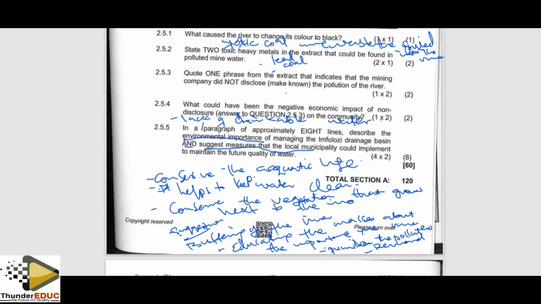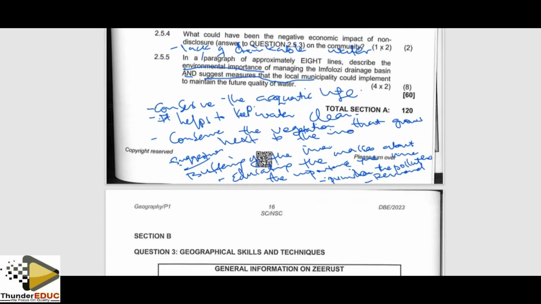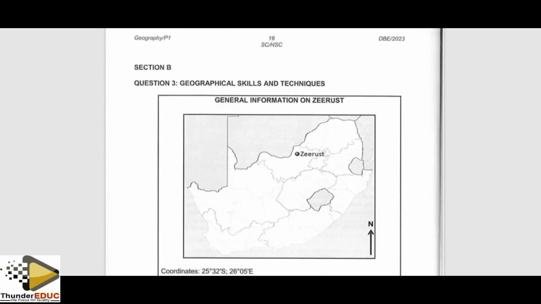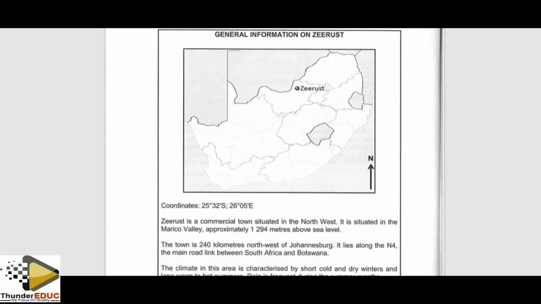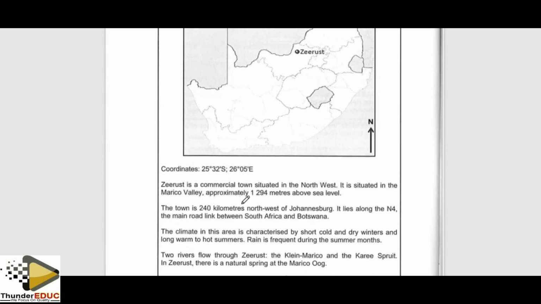Question 3 talks about map skills and techniques. Here it's coming from Zeerust, which is in the Northwest province. You read this information, it is very relevant, so don't just jump it. Zeerust is a commercial town situated in the Northwest province, in the Marico Valley, approximately 1,294 meters above sea level. The town is 240 kilometers northwest of Johannesburg.